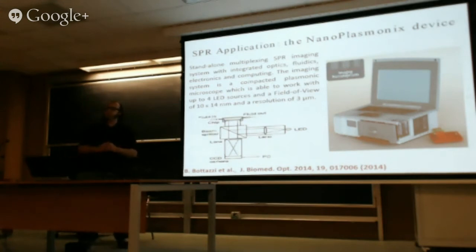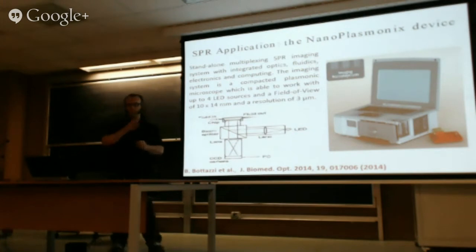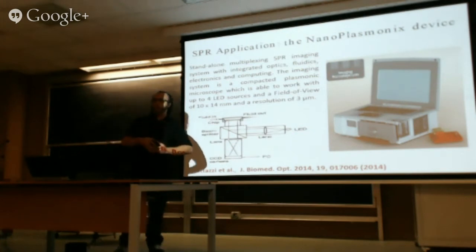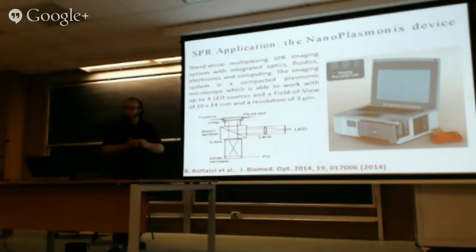And how long does the plasmonic structure last, how many times can I use it? Okay, if you use the cover one, we made measurements using the same structure for 6 months, and we used it, I don't know, maybe 30 times.